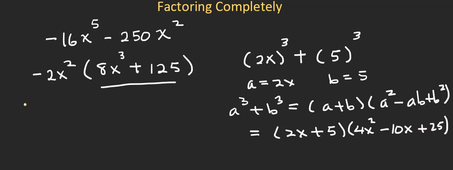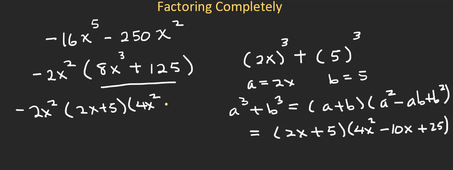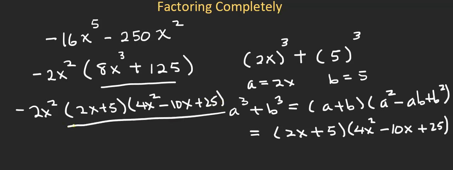So we have negative 2x squared times 2x plus 5 times 4x squared minus 10x plus 25. And that's your final answer.